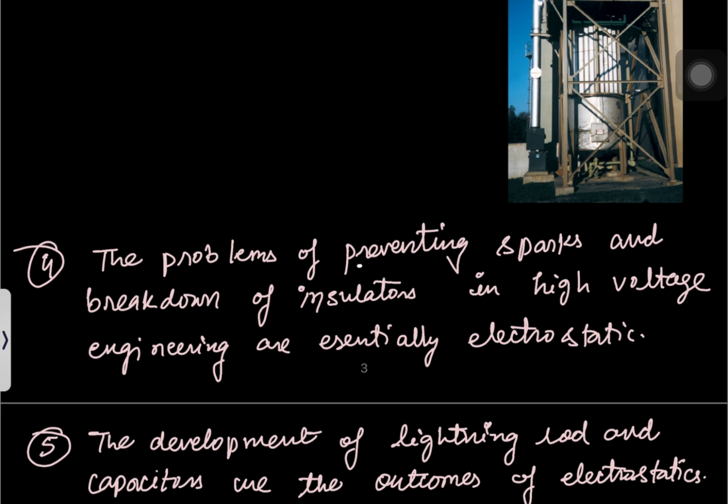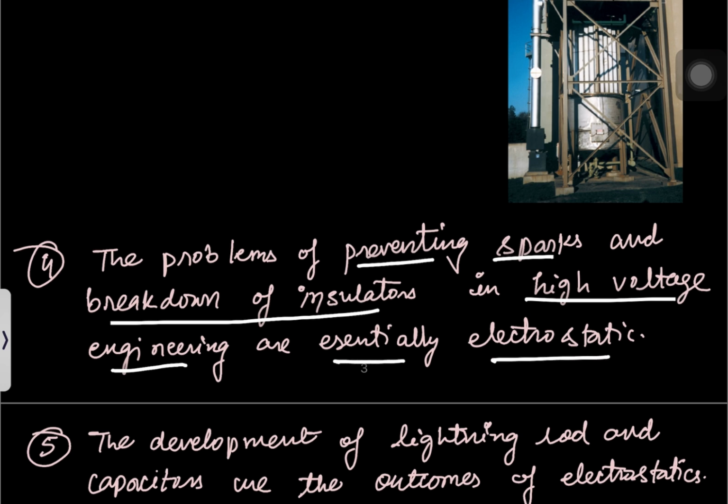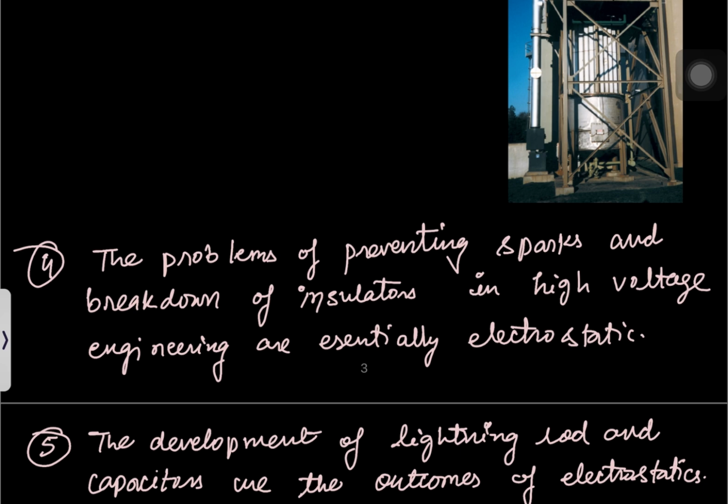Fourth point, problems of preventing sparks and breakdown of insulators in high voltage engineering are essentially electrostatic. So the electrostatic branch of physics is helpful to solve the problem of preventing sparks or the breakdown of insulators in high voltage engineering devices.